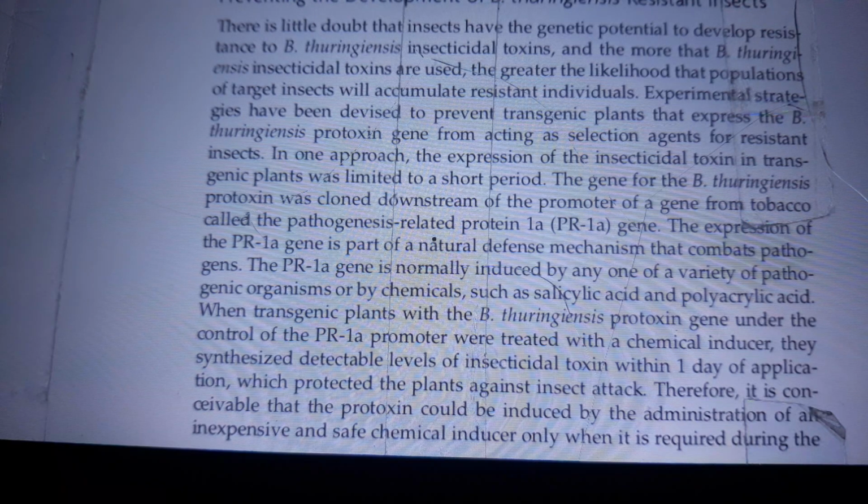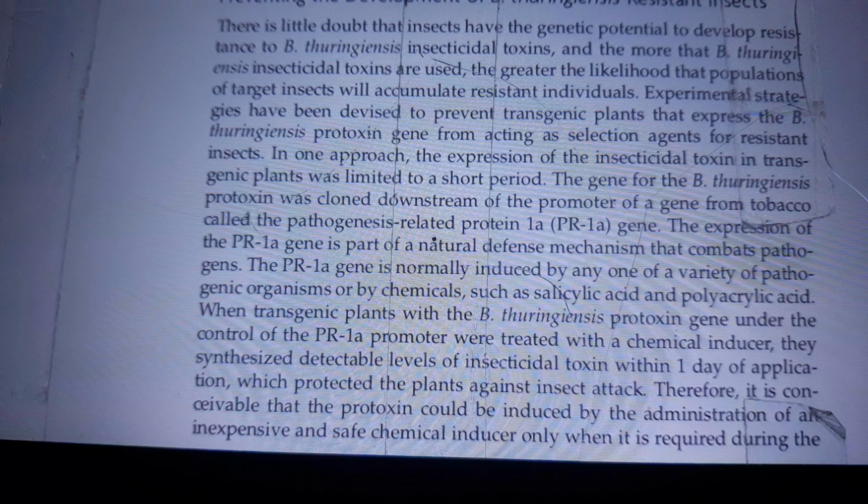There is little doubt that insects have the genetic potential to develop resistance to Bacillus thuringiensis insecticidal toxins. And the more that Bacillus thuringiensis insecticidal toxins are used, the greater the likelihood that populations of targeted insects will accumulate resistant individuals.